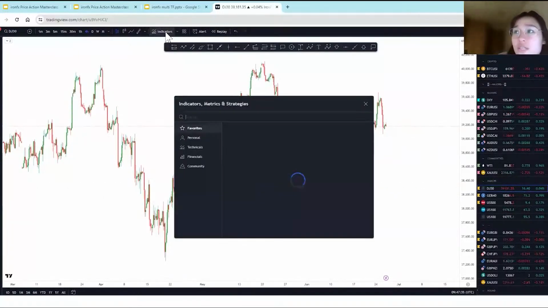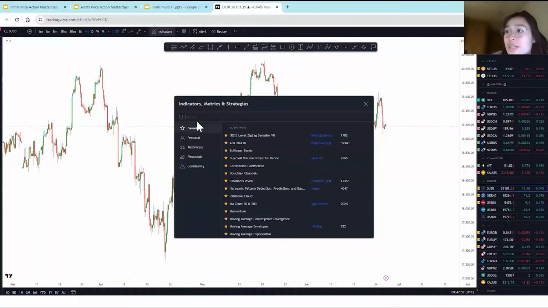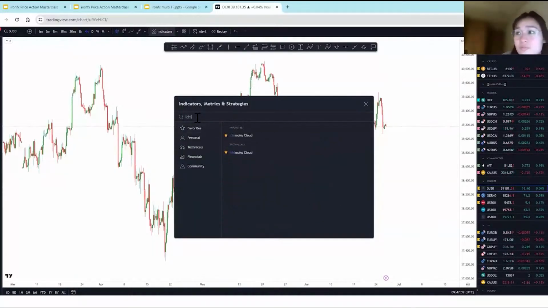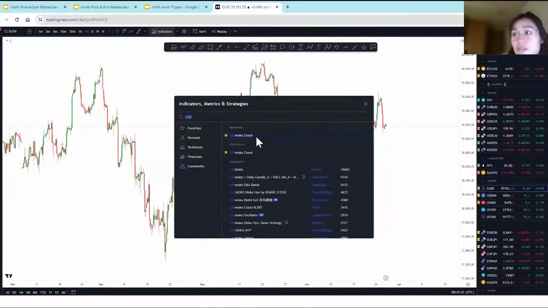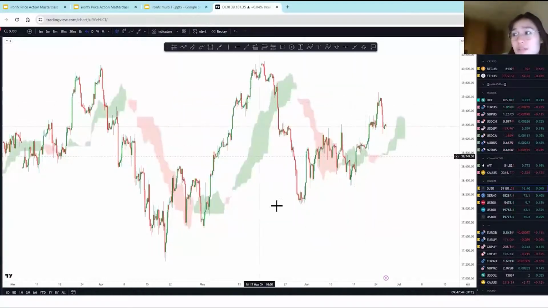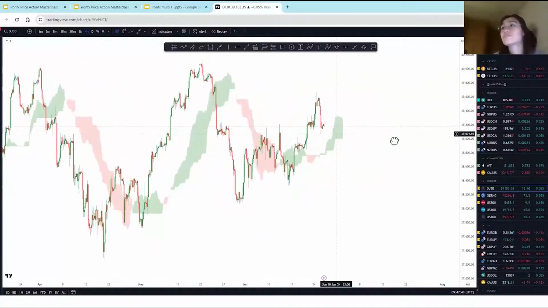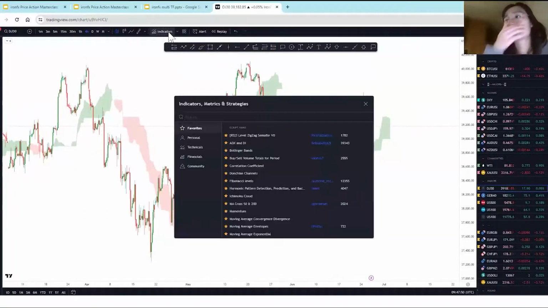If you click on indicators and search up Ichimoku Cloud, it might not show up like this actually.